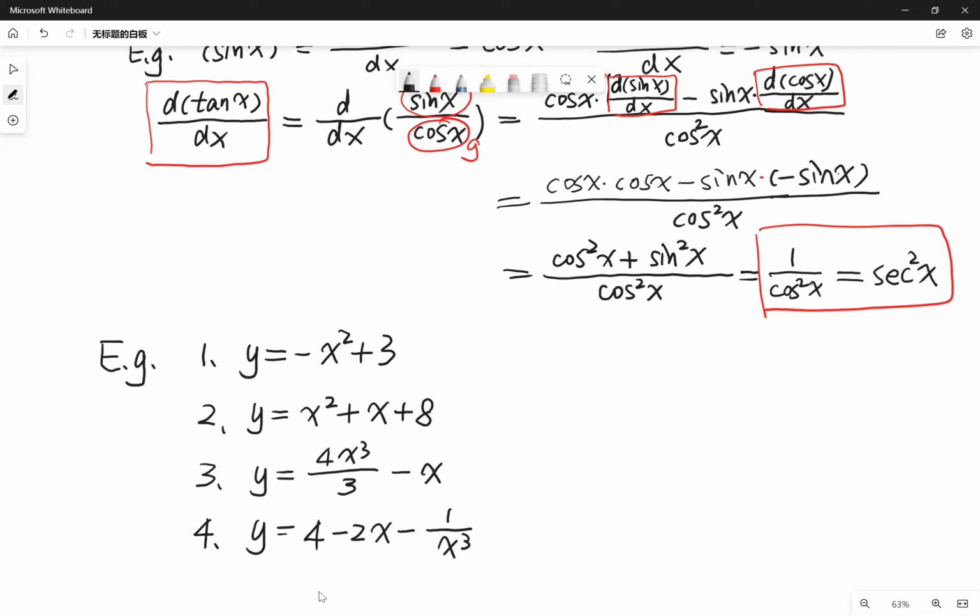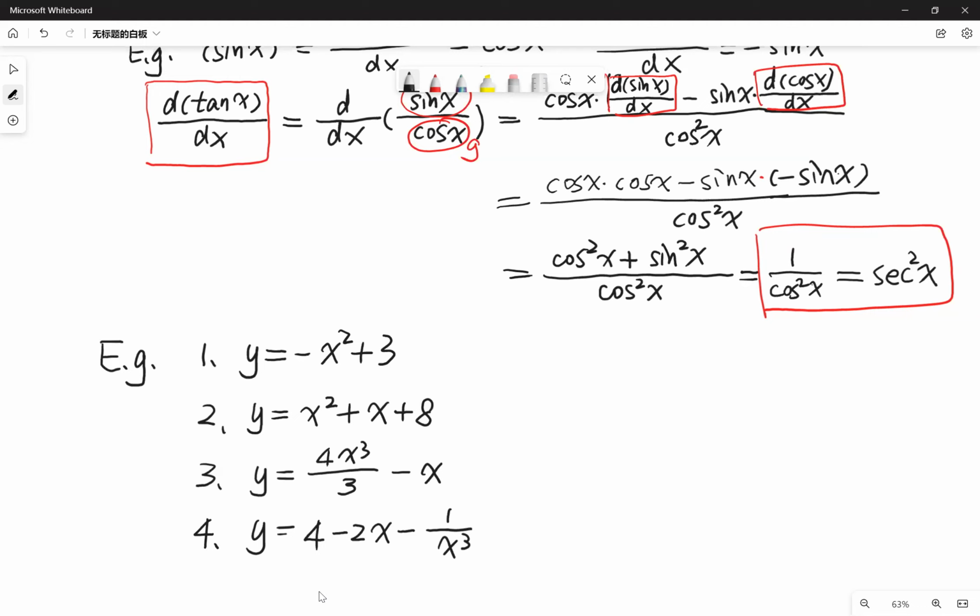Can you check? Yes. You should simplify the final result here.